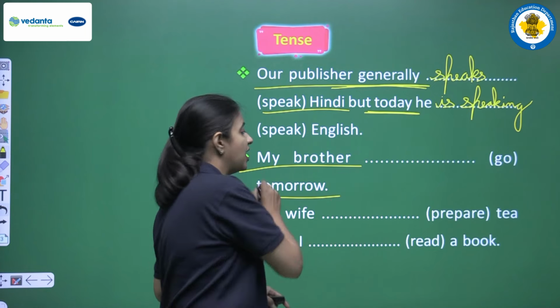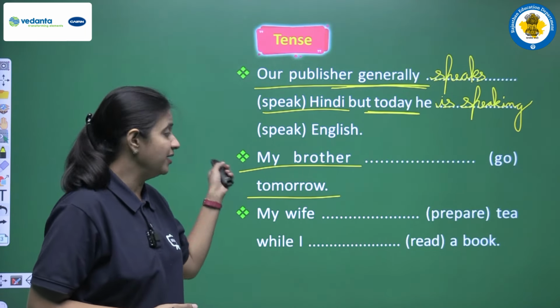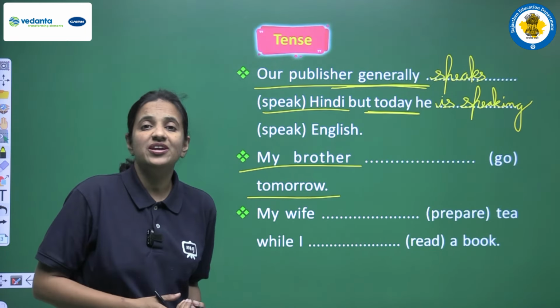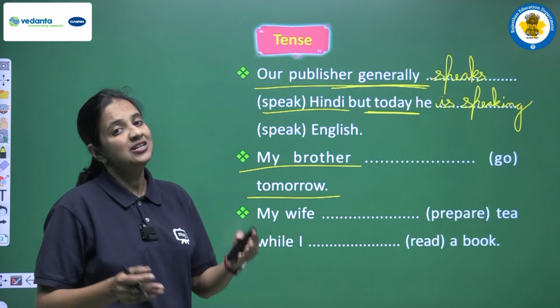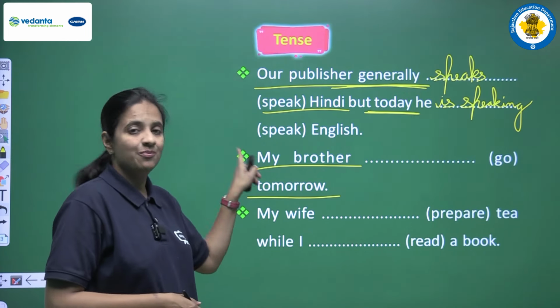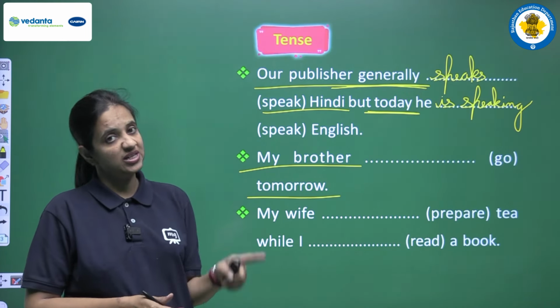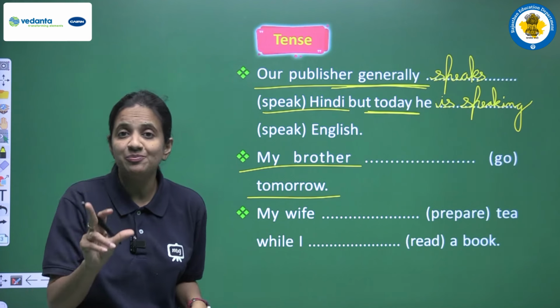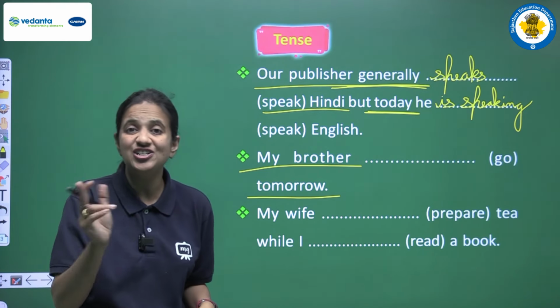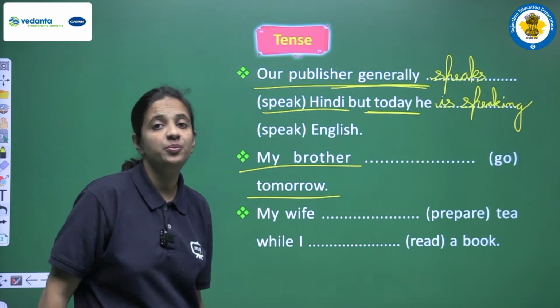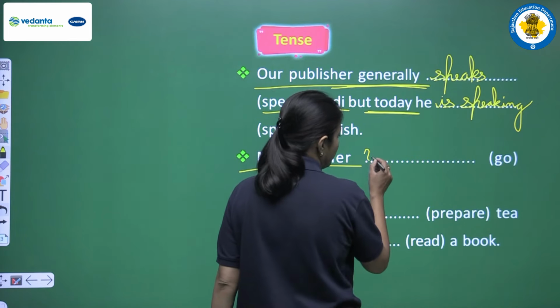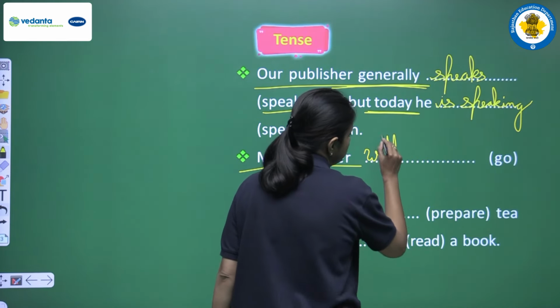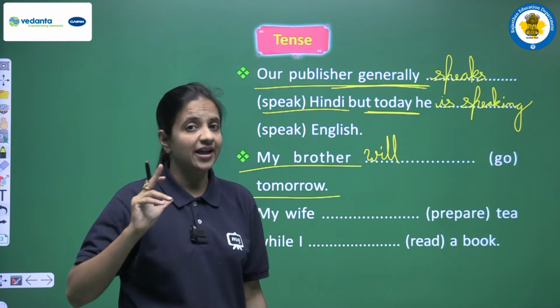So this is clear that this is future simple tense that we are having here. As a subject we are having my brother. So for brother we have to use which helping verb? So now let's recall that we are talking about future simple tense. So in future simple tense we are having two helping verbs. They are will and shall. So we know that for brother we have to use will, because shall is used only and only for I and we.